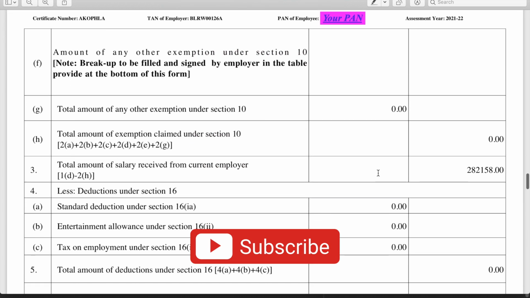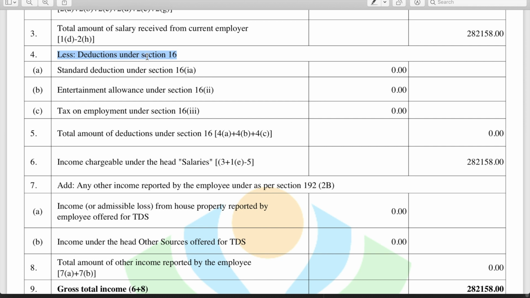The next section would be the deductions under the income tax section 16, which includes the standard deductions. In addition to that, the entertainment allowances and tax on employment under section 16(3), and we will be able to see the total amount of deduction under the section 16. In my case, it is 0. Finally, we will be able to see the income chargeable under the head salary, which includes the above sections.